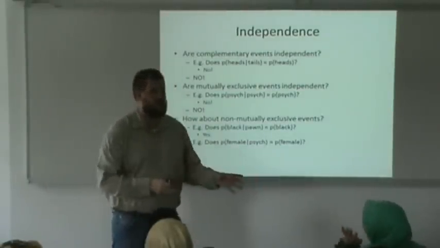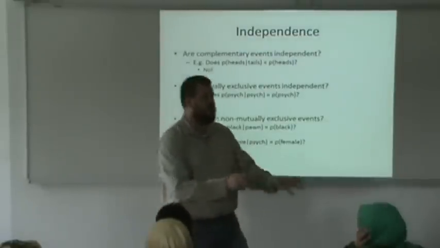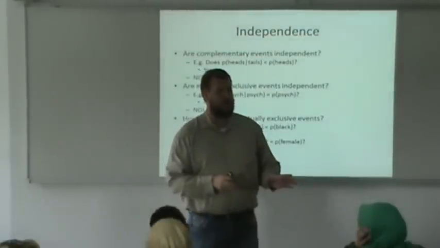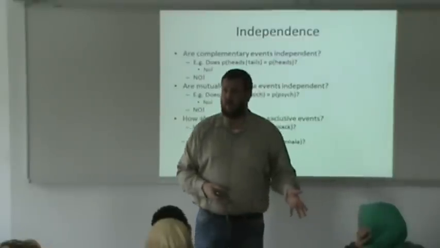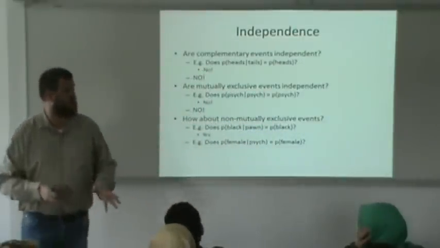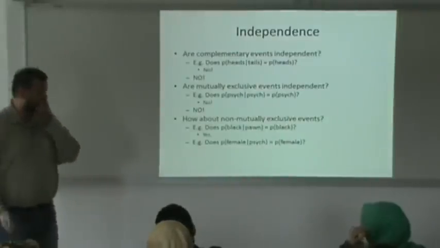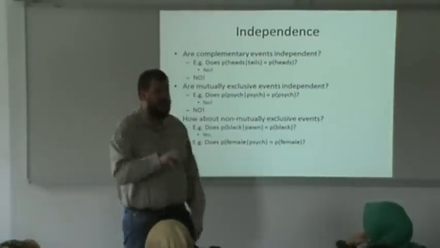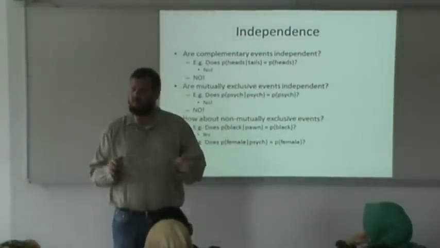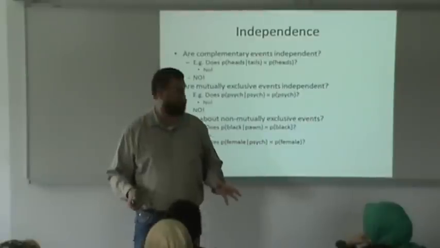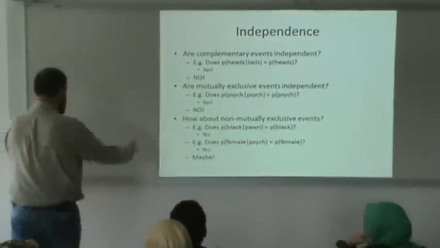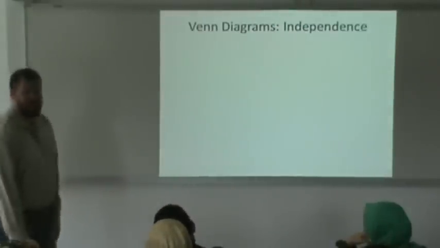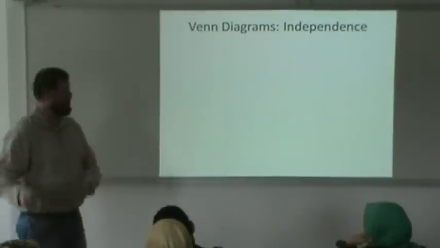If it's an engineering student, you are less likely to observe a female. If it's a psychology student, you are more likely to observe a female. This means that majors and sex are not independent. So the correct answer here would be maybe.